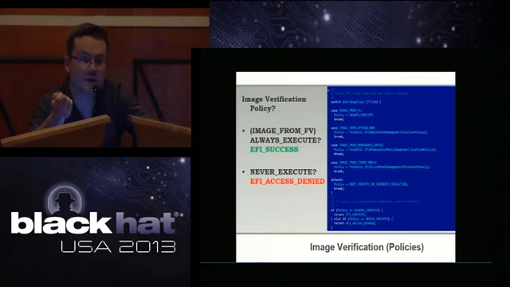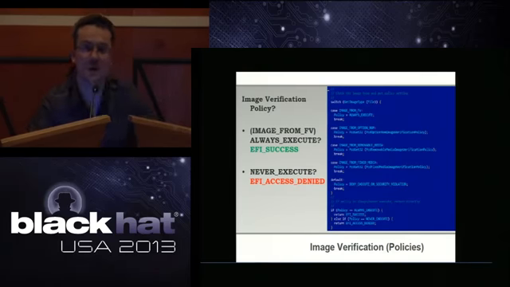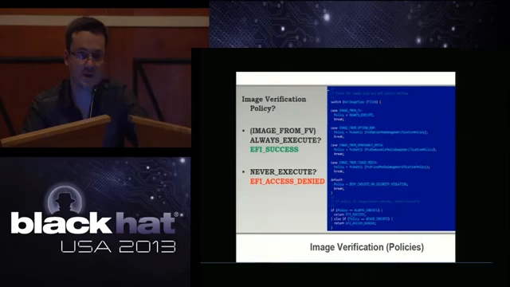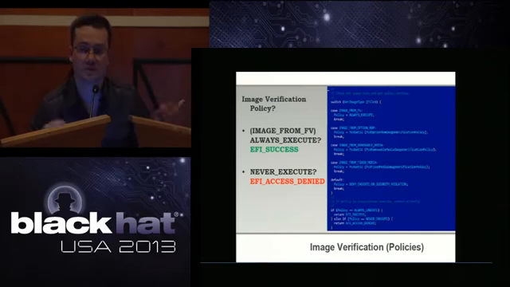If the image is from the embedded firmware volume, it just says, I don't care, load it, I rely on the secure update. Or if it's in fixed media, then it takes the policy and applies that policy. If the policy says always execute, it just returns without any checks. If the policy says deny execute, it prevents the image from loading, again without any checks.